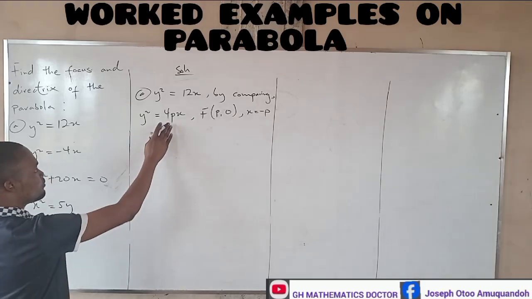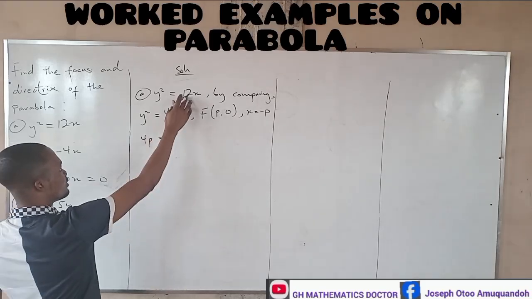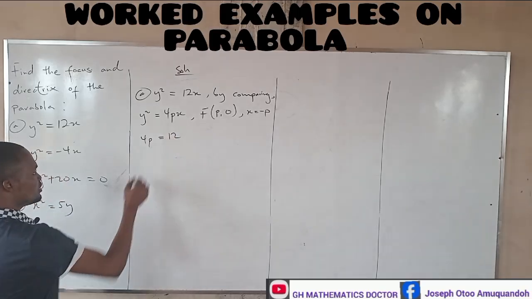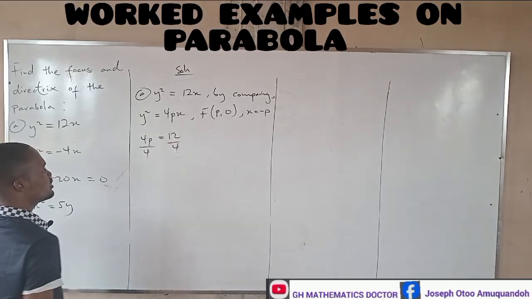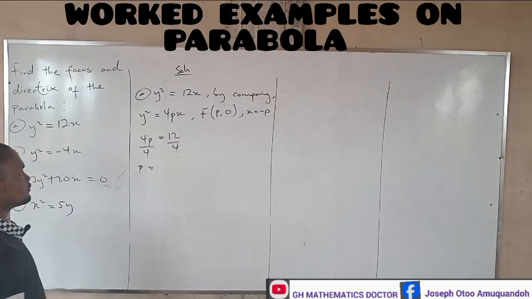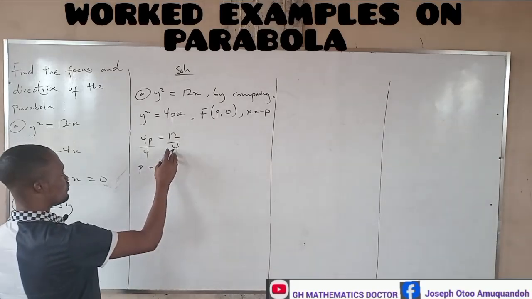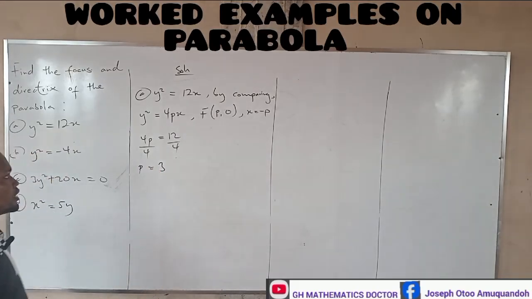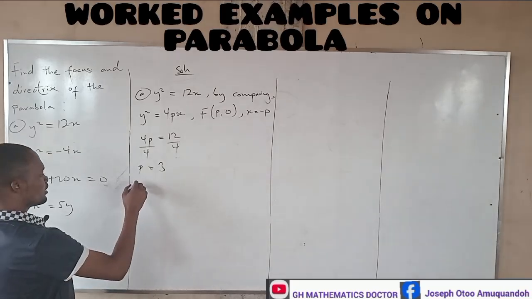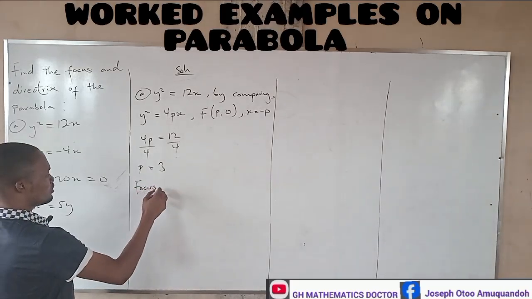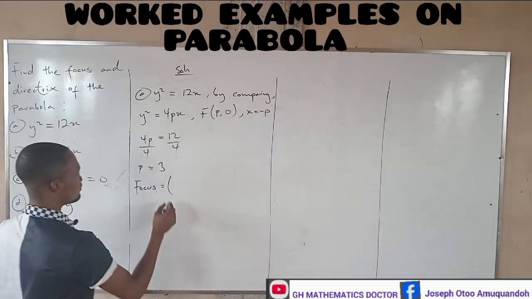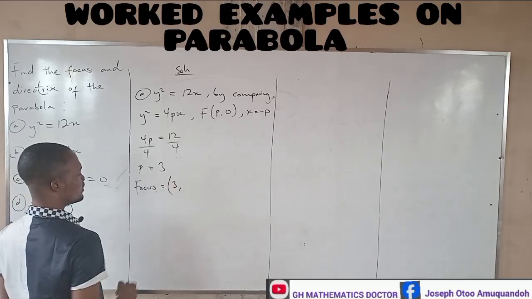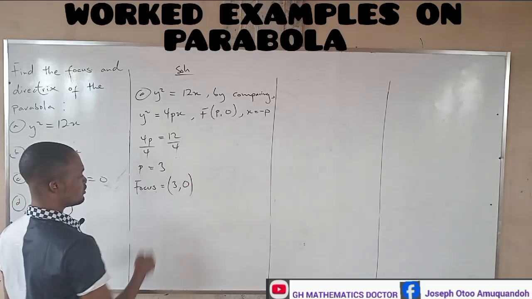So by comparing 4p against this 12, you are going to divide both sides by the coefficient of p. And our p over here is going to be 3. So with this, our focus is going to be (3, 0).